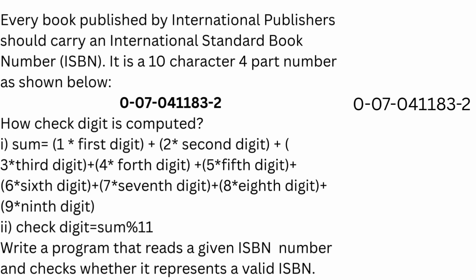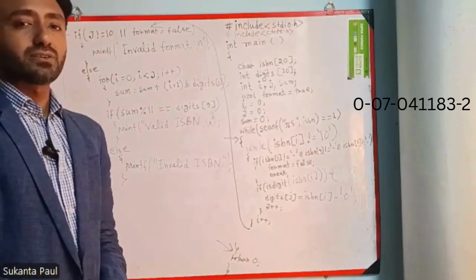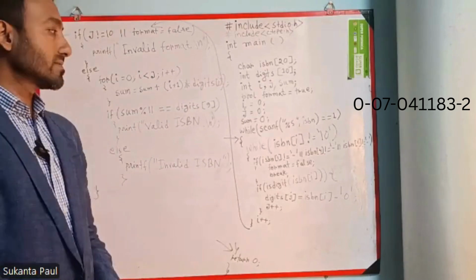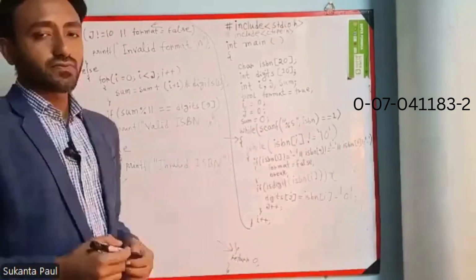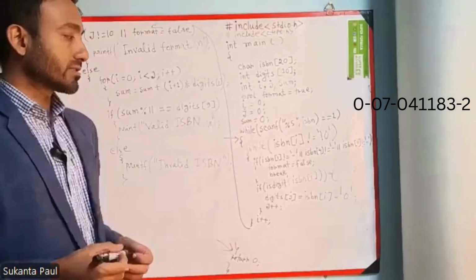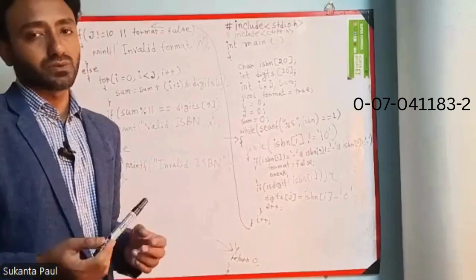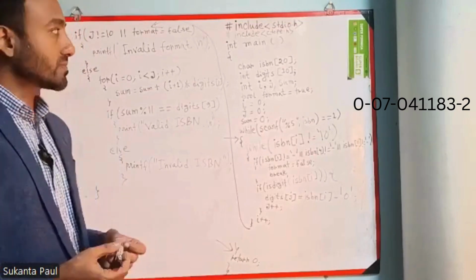So our task is to write a program that reads a given ISBN number and checks whether it represents a valid ISBN or not. In the program, we are using the scanf function for taking input, and to show output, we are using the printf function.